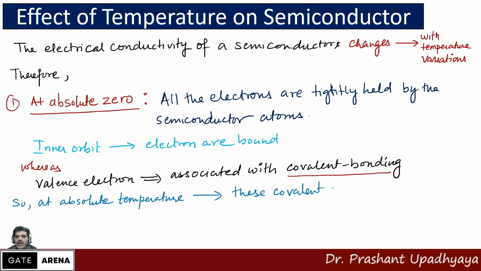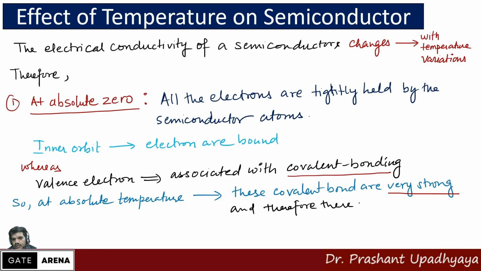So at absolute temperature, these covalent bonds are very strong, and therefore there is no free electron. I am highlighting this: no free electron. What this means is that it will make the material a perfect insulator, because it will not be able to conduct.